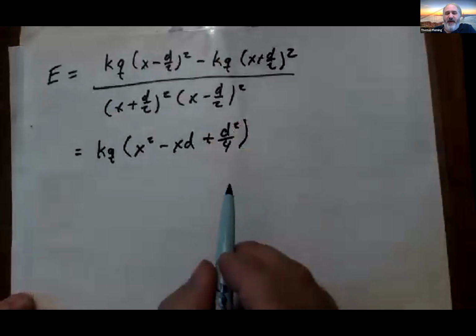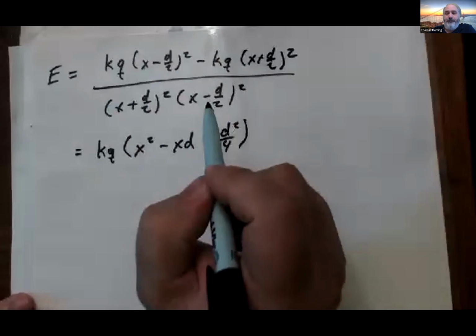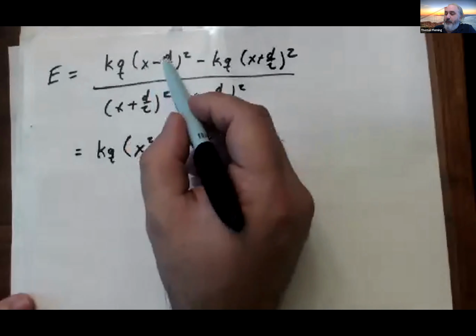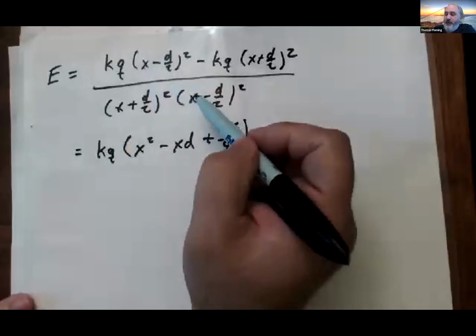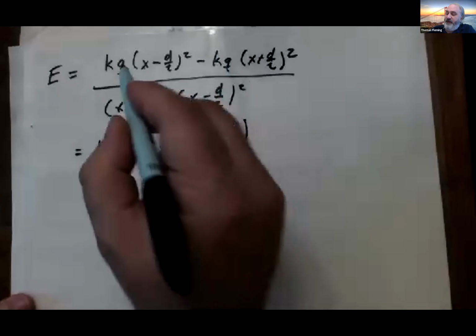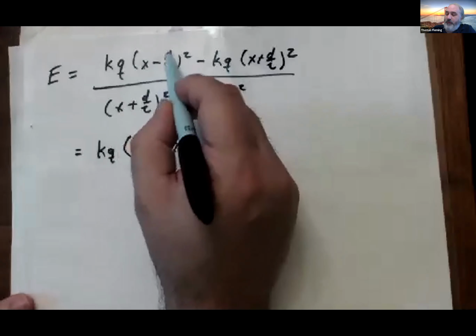Do you see how I got that? I just did the FOIL method: first, outside, inside, last. So I imagine I'm multiplying this times itself: x times the first term, then x times the middle term, and then this term times itself.